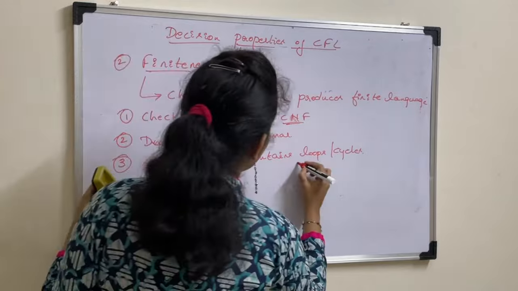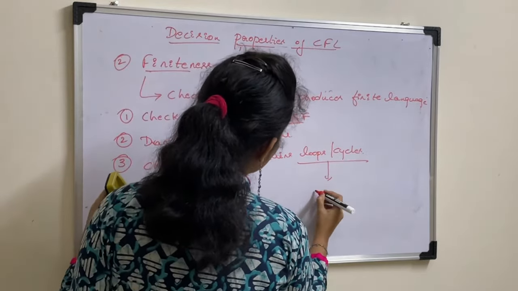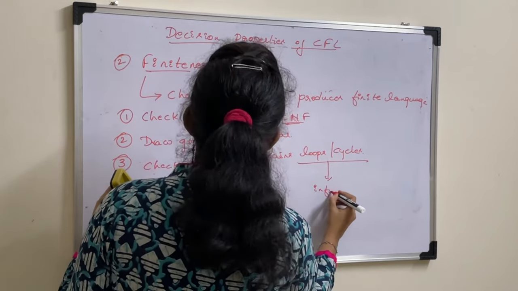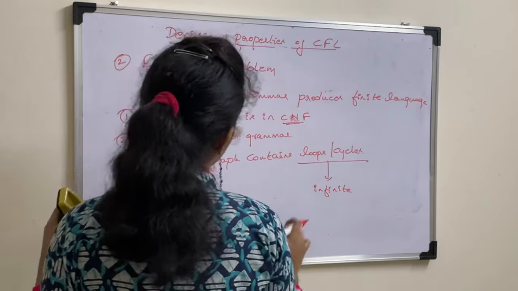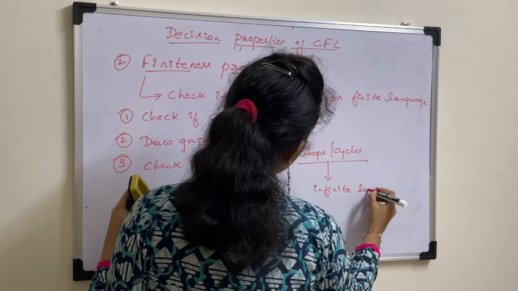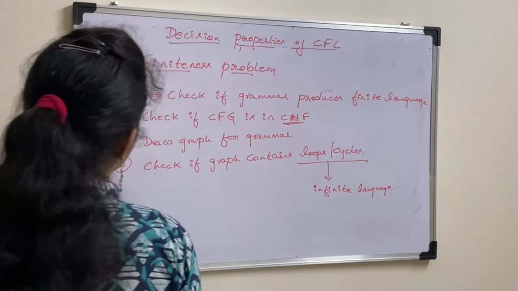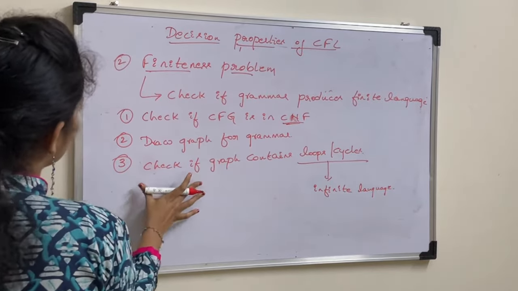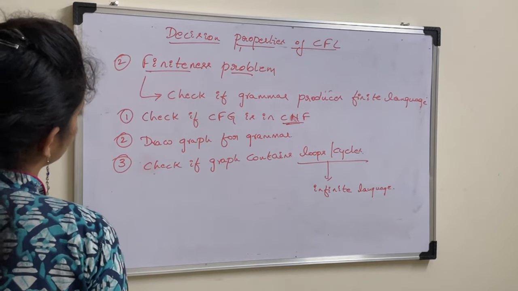If your graph has loops or cycles, then we say that this is an infinite language. If there are no loops or cycles, then that is a finite language. So these are the three main steps we follow in order to solve this finiteness problem.